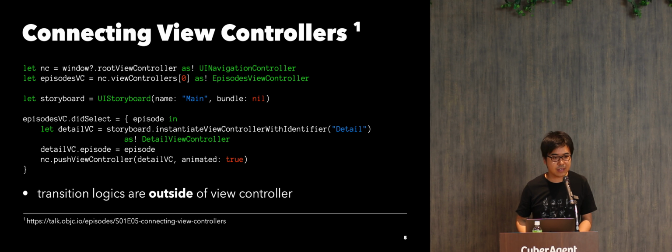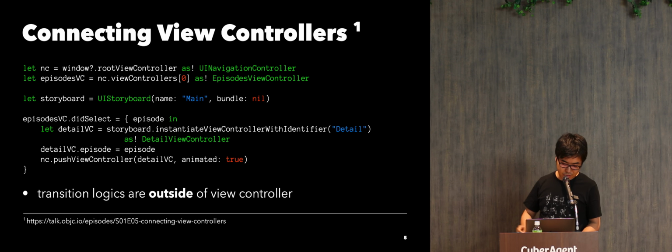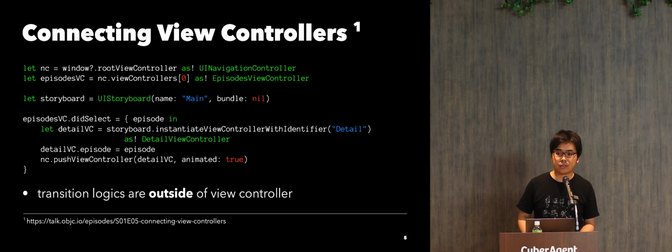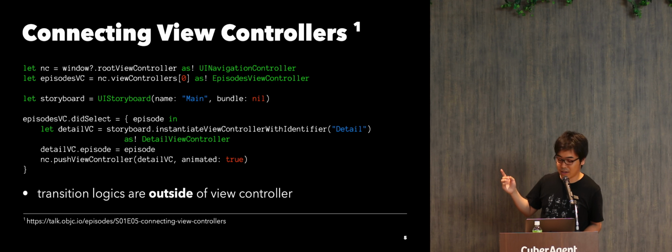The episodes view controller has a closure that is executed when a cell is selected, and the closure can be set from outside of the view controller. So here, episodesVC.didSelect equals a closure to execute the transition to the detail view controller. In the closure, they instantiate the view controller, set the episode, and push it on the navigation controller.